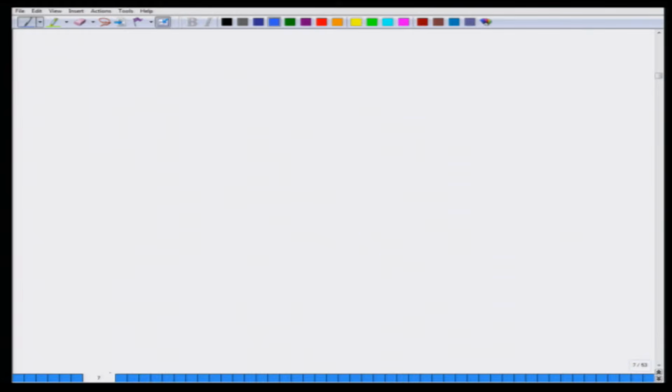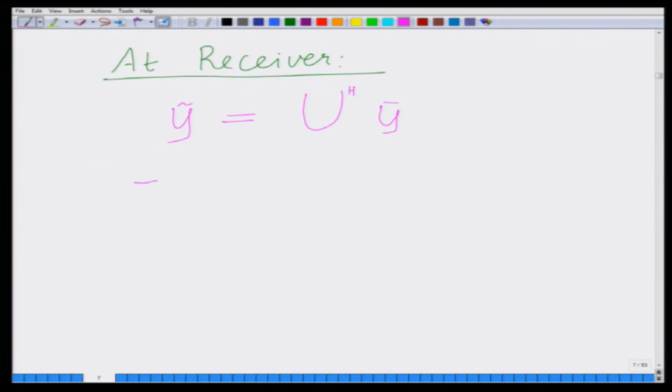Now we have the matrices U, sigma, V Hermitian. As we said, at the receiver we perform y tilde equals U Hermitian y bar, which is basically, I have the structure of matrix U.